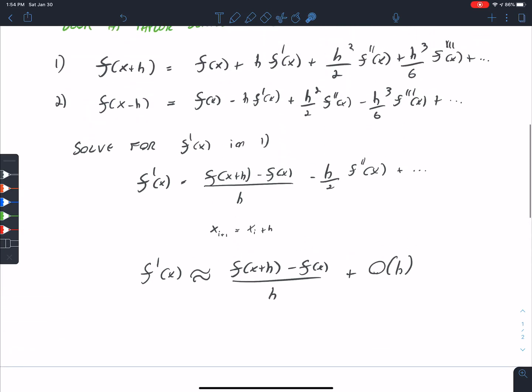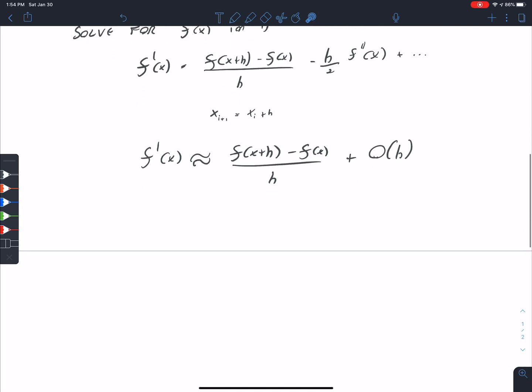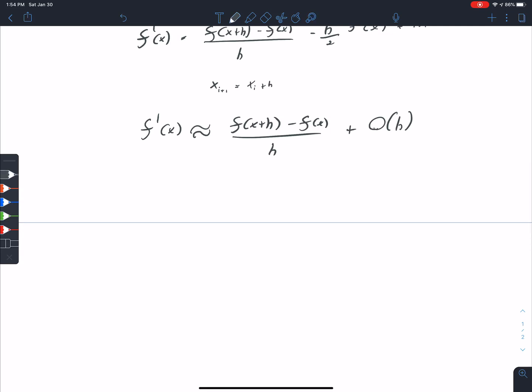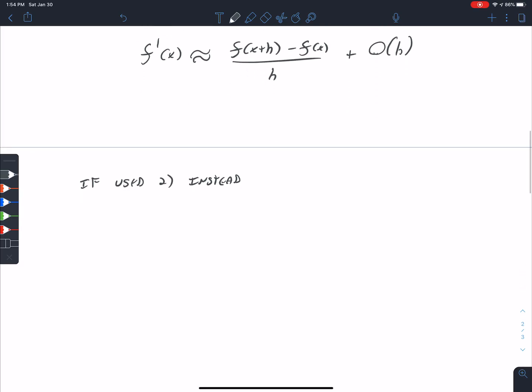Now, notice that we started from this formula, formula number 1, the forward Taylor series formula. We could have started from this one instead if we wanted to, and if we did that, we would have ended up with the following formula, which is called the backward finite difference formula. f prime of x will be approximately f of x minus f of x minus h divided by h.